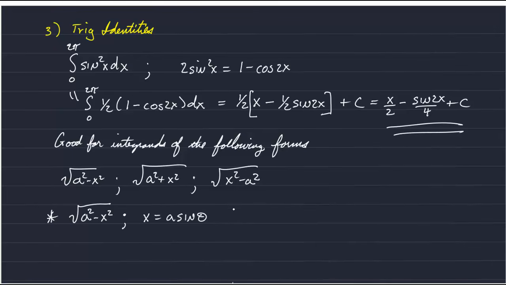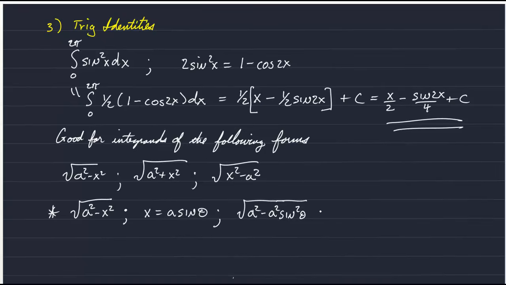because that would give the square root of a squared minus a squared sine squared theta. If we were to factor out the a, we would get a, so the square root of a squared is just a, and we get 1 minus sine squared theta.